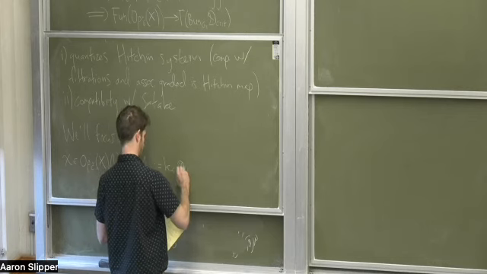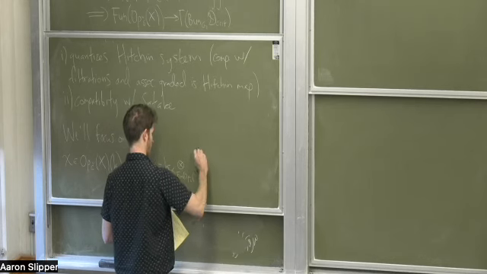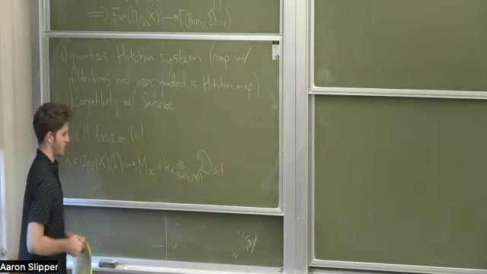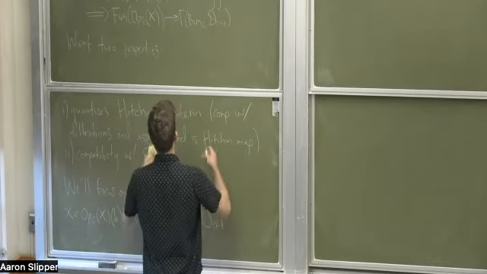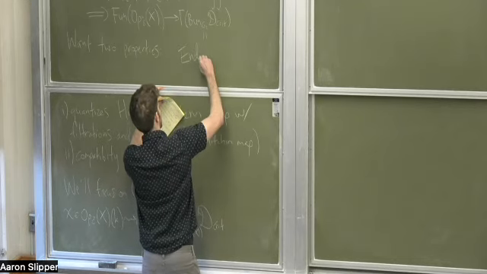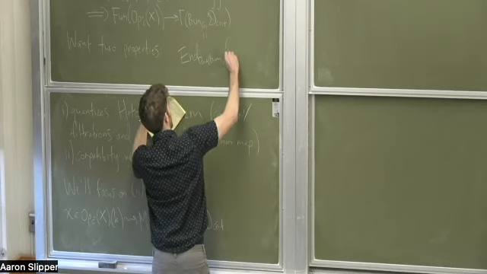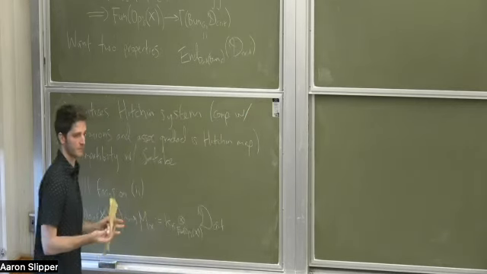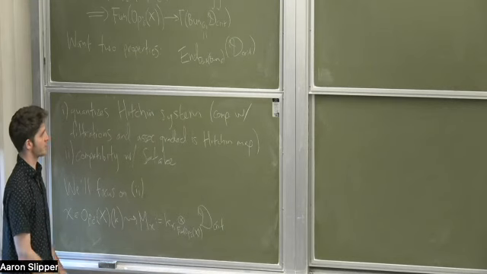Another way to say the quantized Hitchin map is that it's an action of functions on global opers on the sheaf of critically twisted differential operators. If you like, another way of writing this is endomorphisms of the sheaf of differential operators, by the universal property of opers.